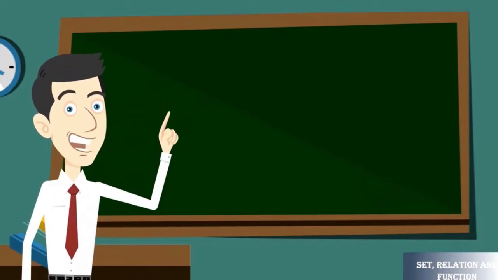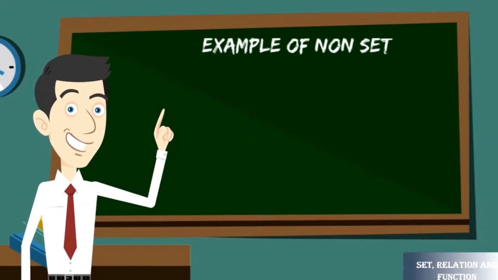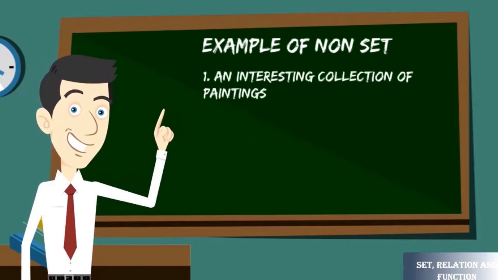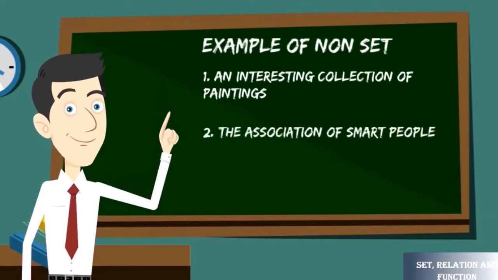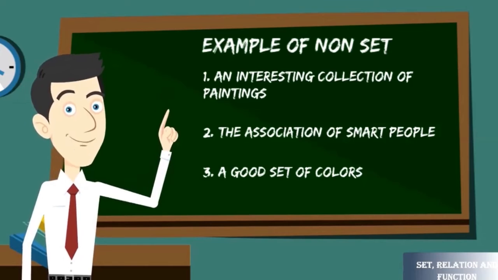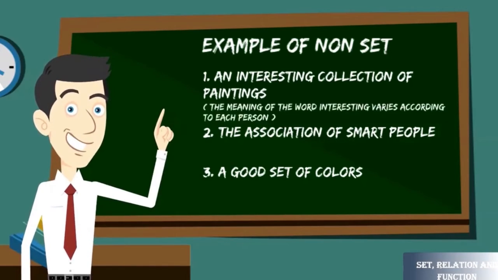Now we will talk about examples of non-set. So what is the example of non-set? The first one is an interesting collection of paintings, the association of smart people, a good set of colors, etc. An interesting collection of paintings is non-set because the meaning of the word interesting varies according to each person.